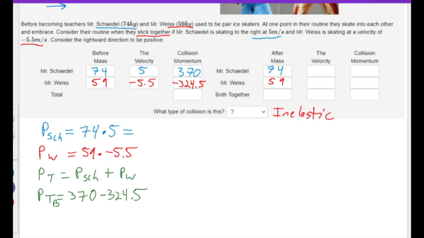Plugging those into my calculator, I end up with a momentum of 45.5. I know that the total momentum that I start with is going to be the same as the total momentum that I end with, so I'm just going to carry this over. And again, it's the same because of conservation of momentum.